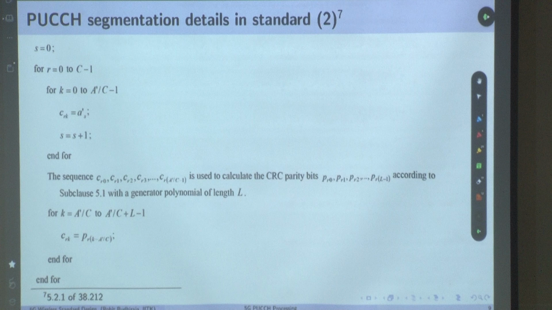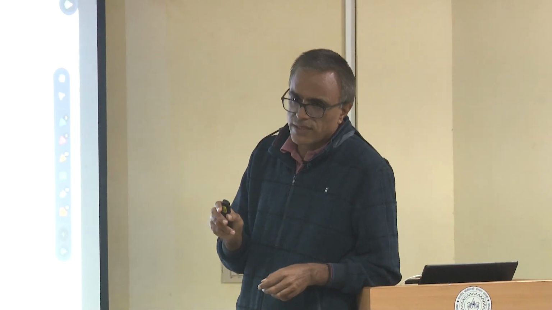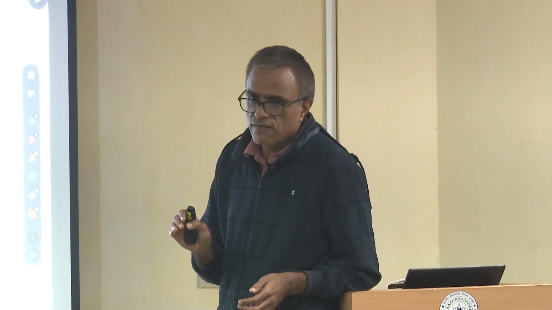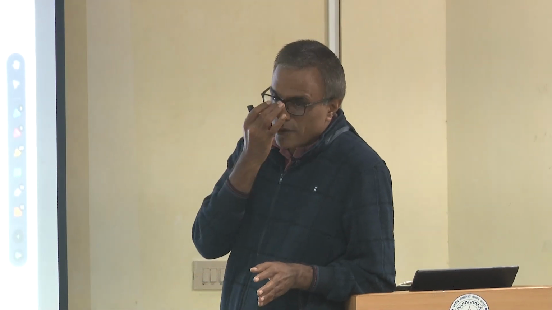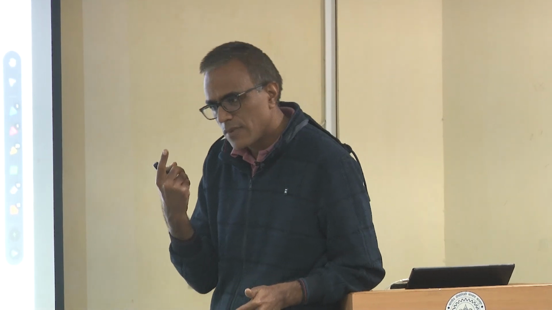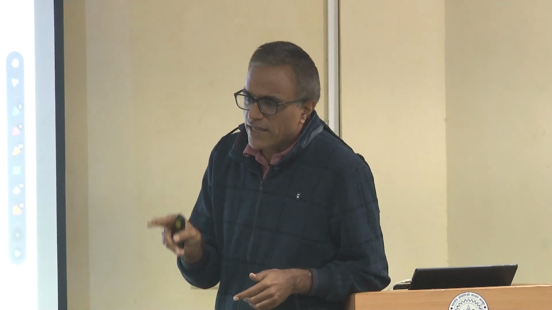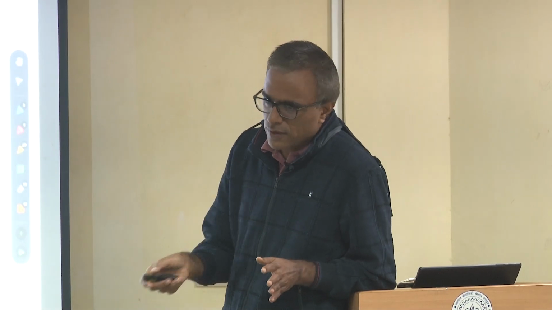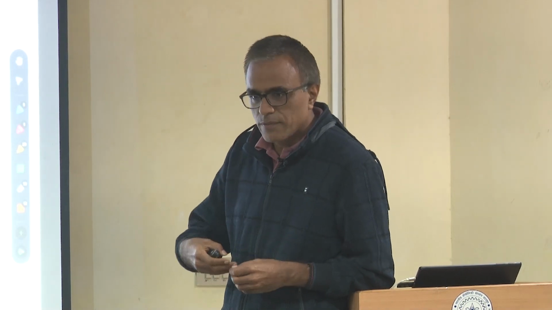So in this case I have told you two key things. One is that we have seen two different formats, PUCCH format 0 and PUCCH format 2. Format 0 is very simple, designed for a maximum payload of 2 bits. Here it is much more dynamic.